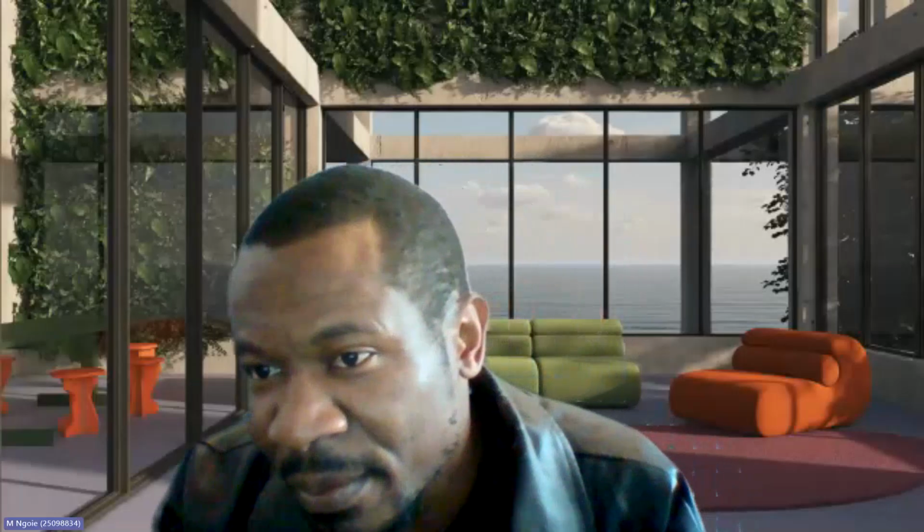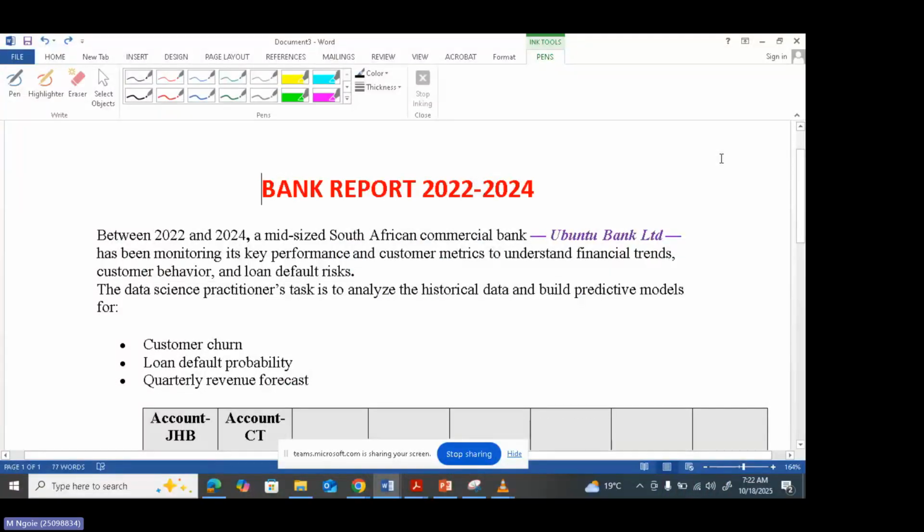Everything will start from this particular report. As you can see, guys, we have a bank report from 2022 to 2024, right? Between 2022 and 2024, a mid-sized South African commercial bank, Ubuntu Bank, has been monitoring its key performance and customer metrics to understand financial trends, customer behavior, and loan default rates.